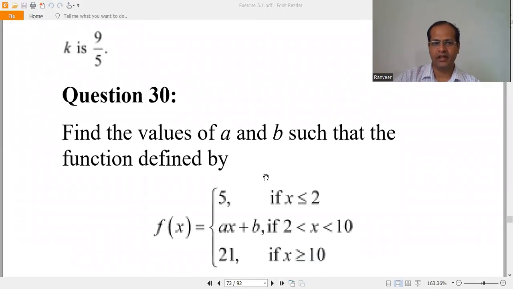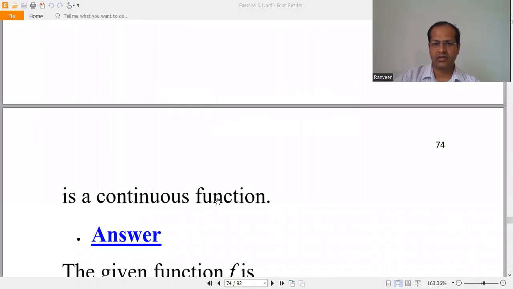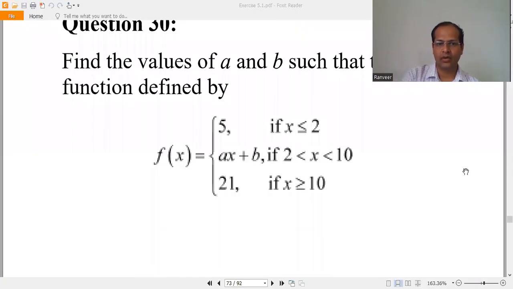Find the value of a and b so that the function defined by this is continuous. In this case, there are two unknowns, a and b, that we have to find. So we have to check limit x tending to 2.